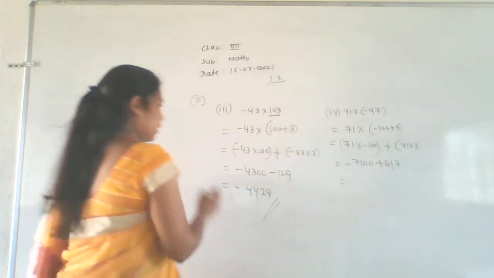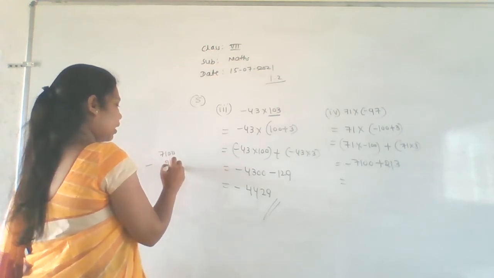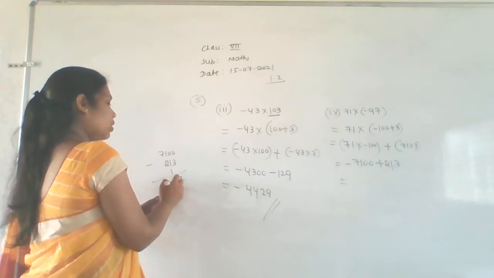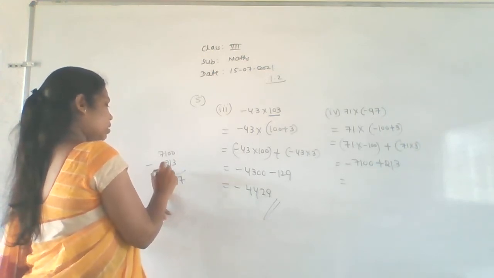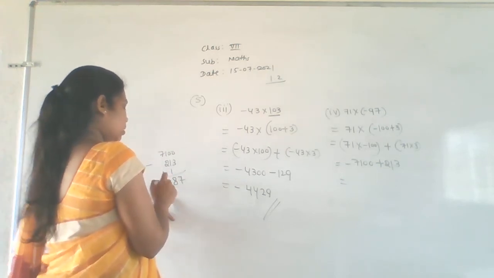So now subtract here, 7100 minus 213. So 10 minus 3 is a 7, 10 minus 2 is a 8, right? Next, 11 minus 3 is a 8, okay? So next is 7 minus 1 is 6.